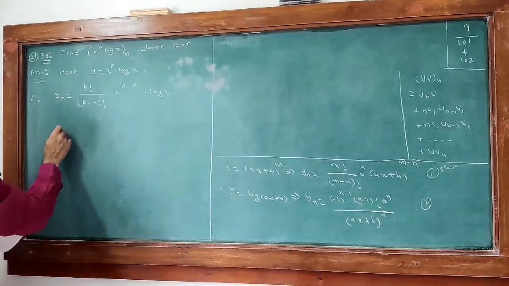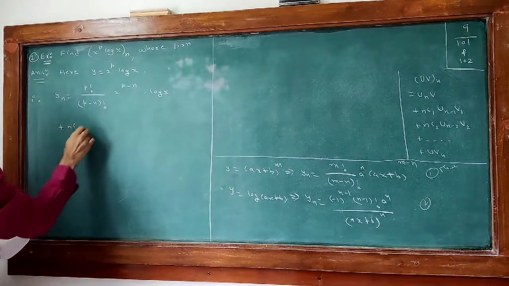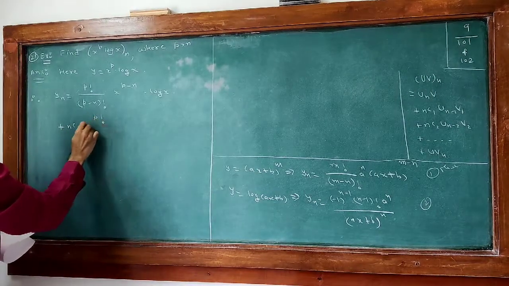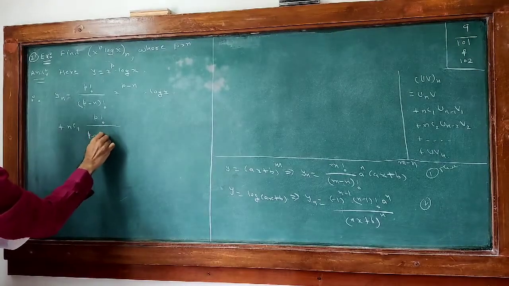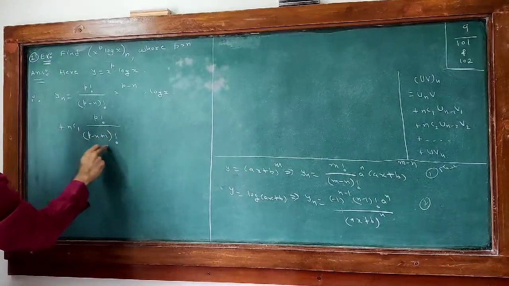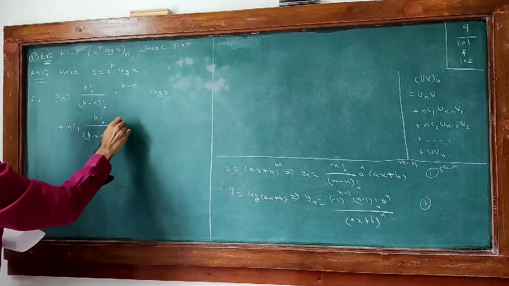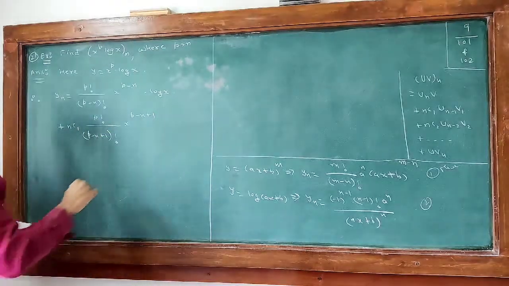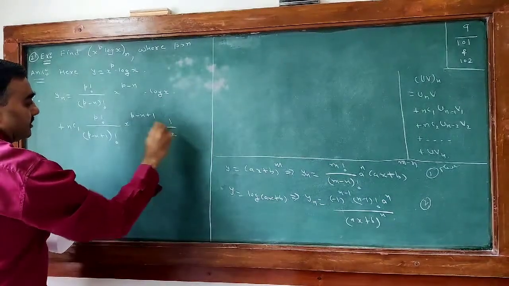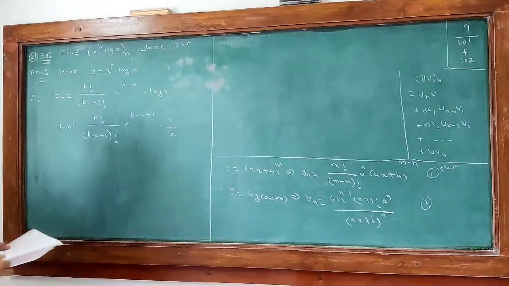Then one less derivation, plus nC1 p factorial upon p minus n plus 1 factorial, x raised to p minus n plus 1, and the differentiation of log x is 1 upon x.